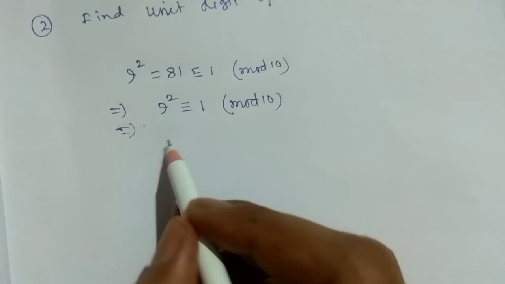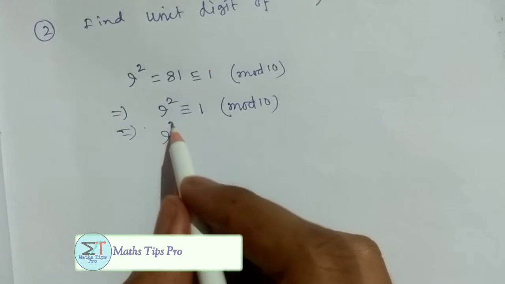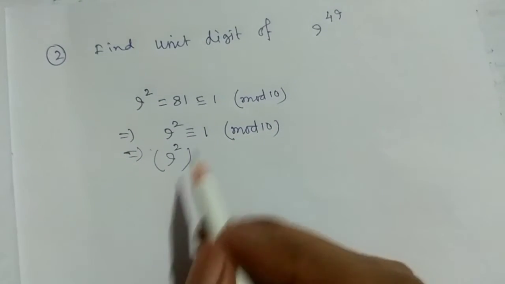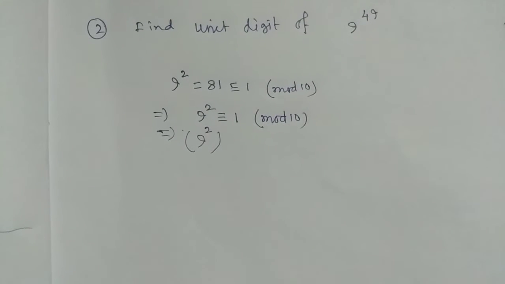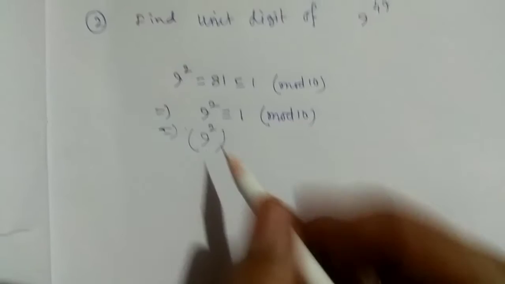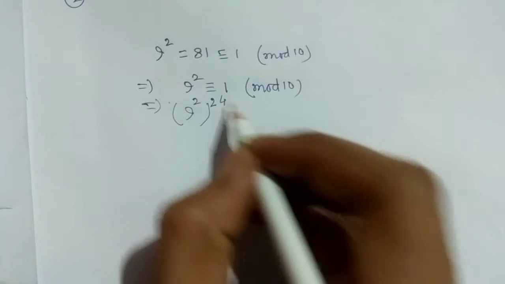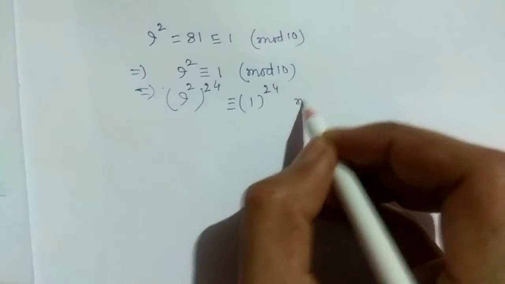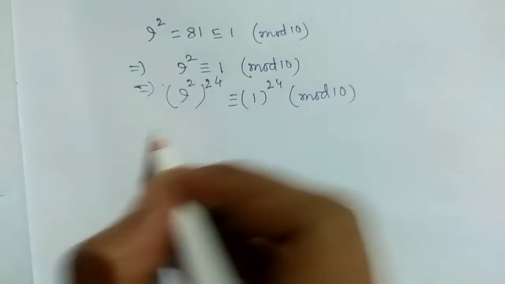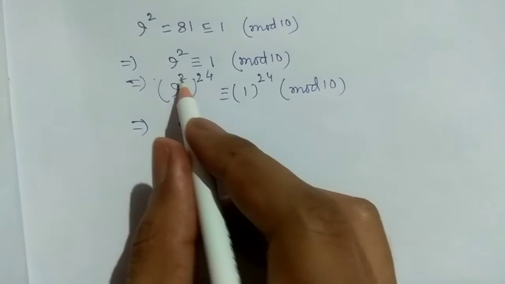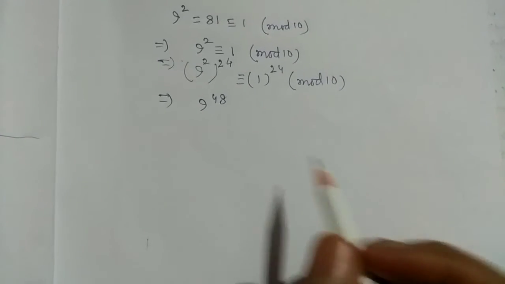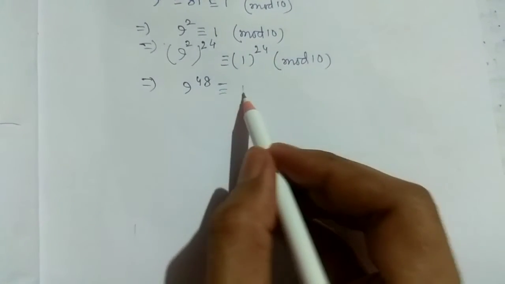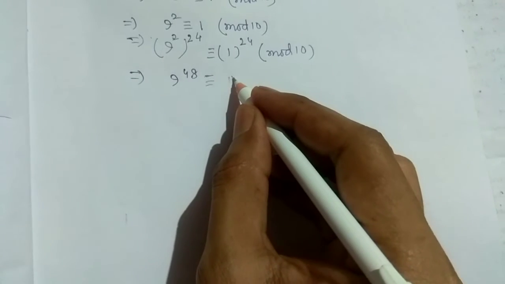Now we have to calculate 9 to the power 49. First we take 9 squared to the power 24 on the left, and on the right hand side 1 to the power 24, mod 10.